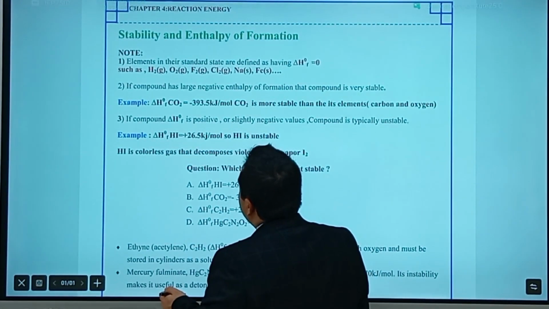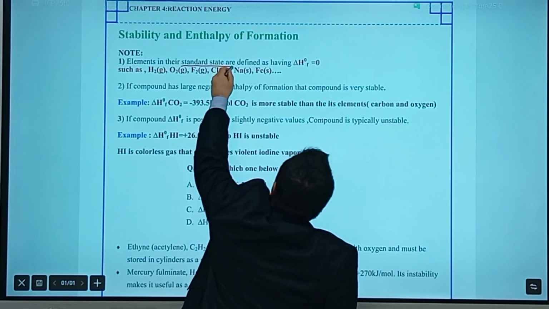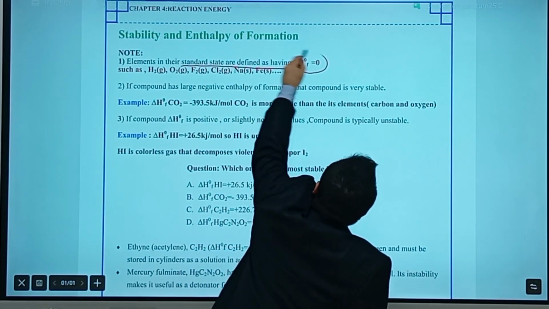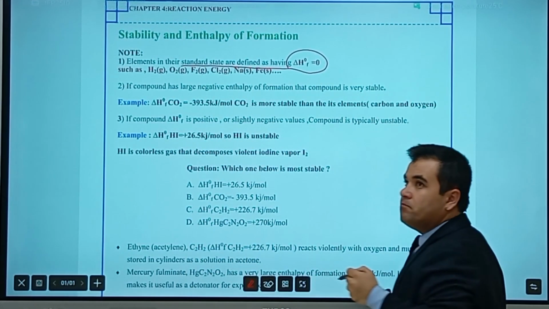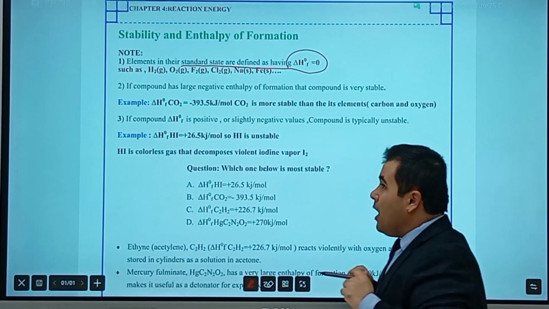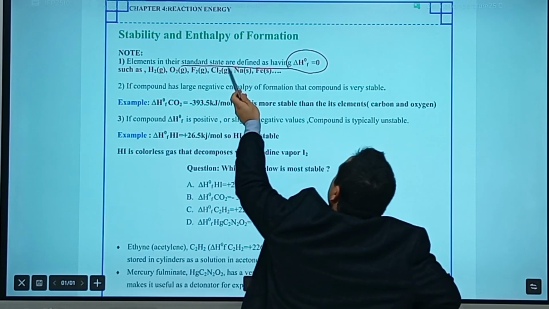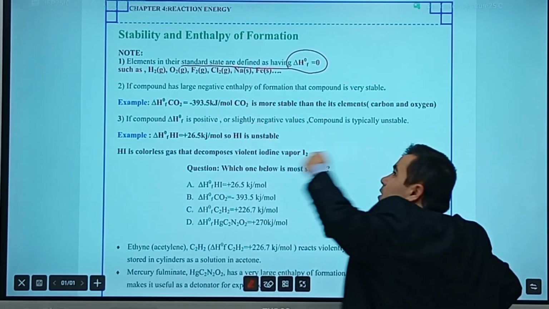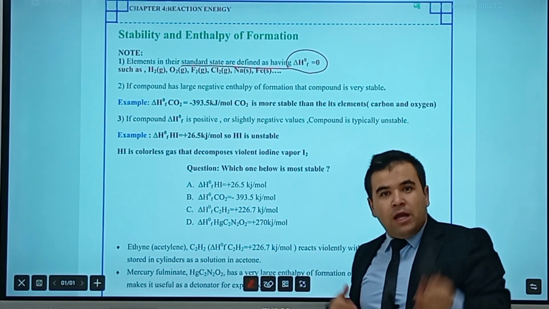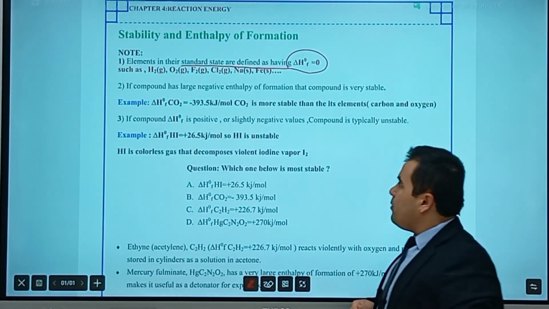First, let us provide some notes, guys. Elements in their standard state are defined as having an enthalpy of formation of 0. There are elements like H2, O2, F2, Cl2, sodium, iron, zinc, potassium, aluminum, any element in its standard state has a 0 enthalpy of formation.